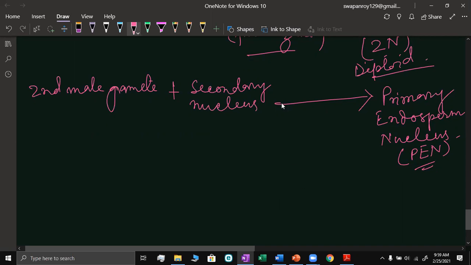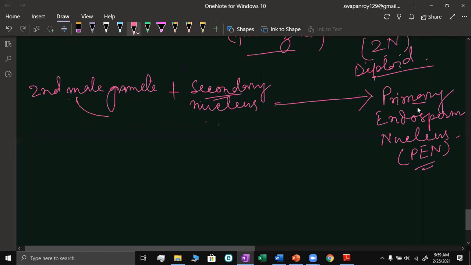The secondary nucleus is already the fusion of two polar nuclei. Two have fused, and now a third one also comes together.